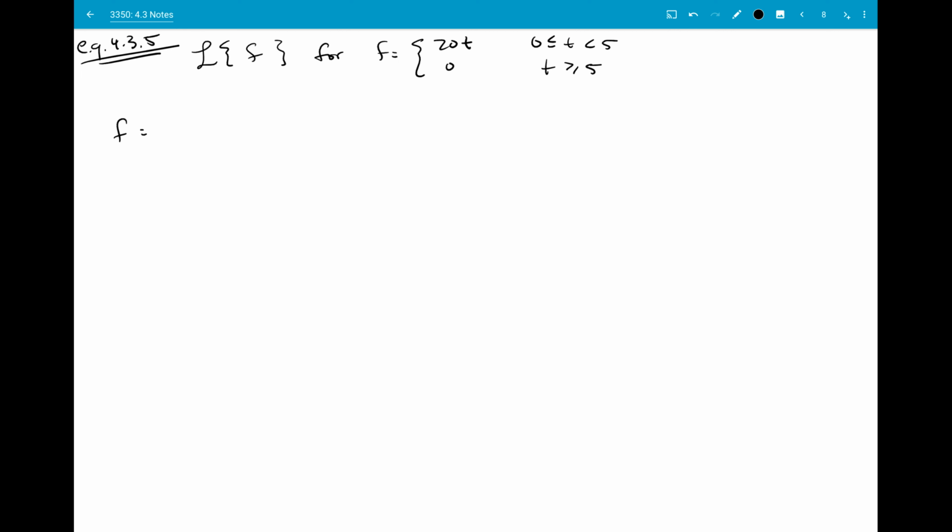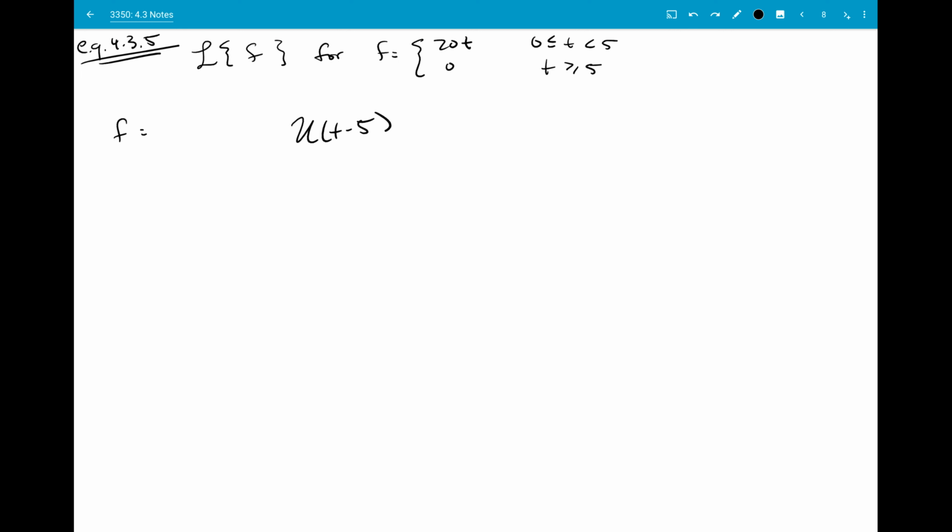There's a couple different ways you can think about starting this problem. For me, it helps to start with what my step is going to be. I know this is going to use u of t minus 5 because my break happens at t equal to 5. But this one's a little different from the other examples we did. It starts at 20t and then ends at 0.